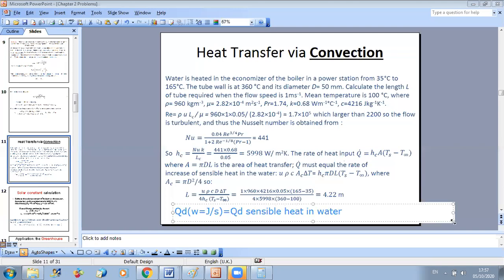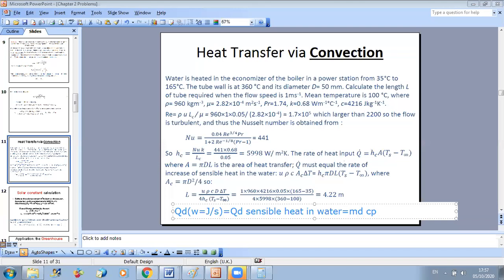MCP delta T. It's not M, okay? If I do MCP delta T, I get my value in joule, but I need Q dot, which is the heat flux rate. So it is M dot times CP times delta T.